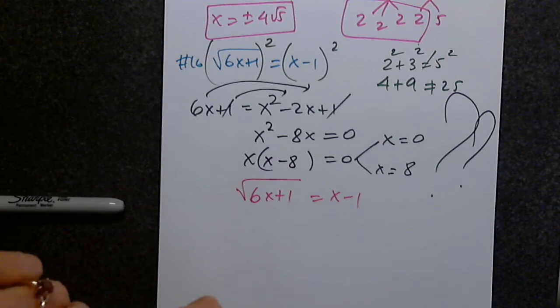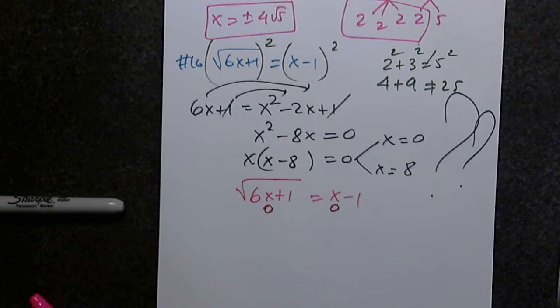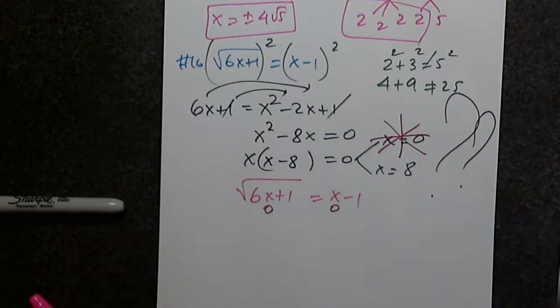I will plug in first 0. Does the left-hand side equal the right-hand side when I plug in 0? No, because the left-hand side is 1 and the right-hand side is negative 1. Exactly. So I will say no way. This is what is called an extraneous solution, a byproduct, something that happens to be in there because we used a certain method.